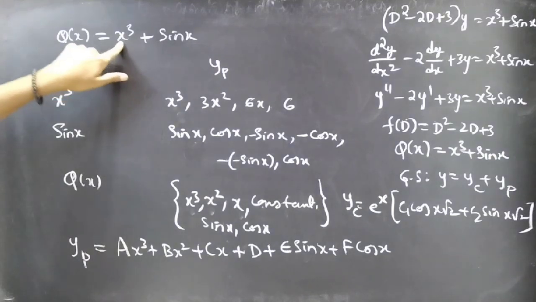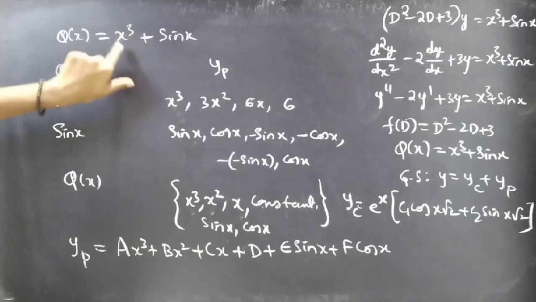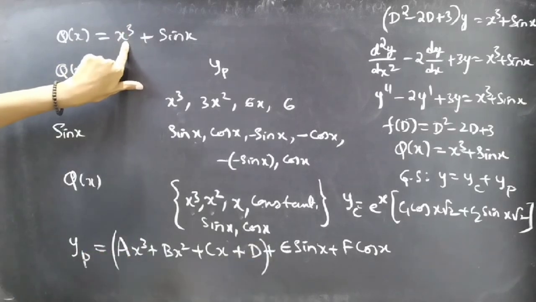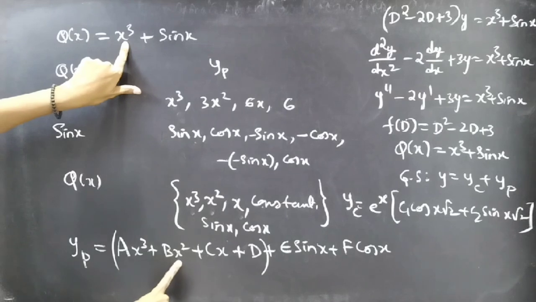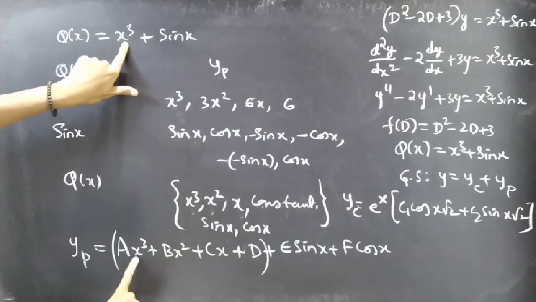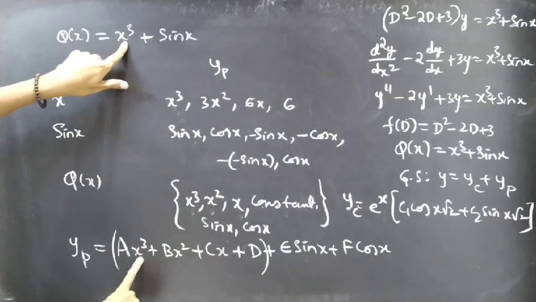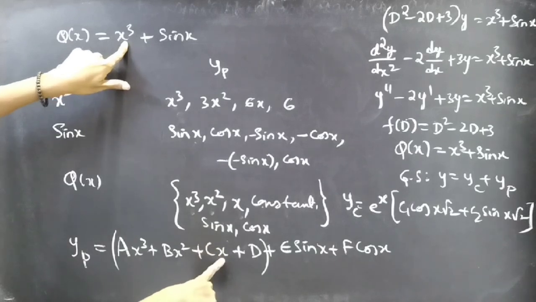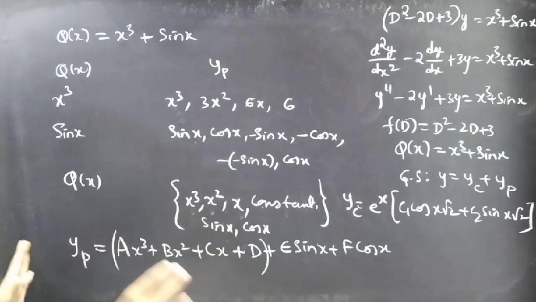Simply by looking at q of x, since you have x cube, you'll get ax cube plus bx square plus cx plus d. The derivative of x cube is some constant times x square, and its derivative is some constant times x, and then a constant.